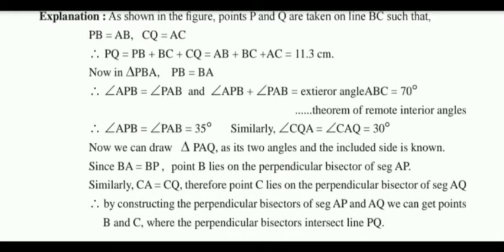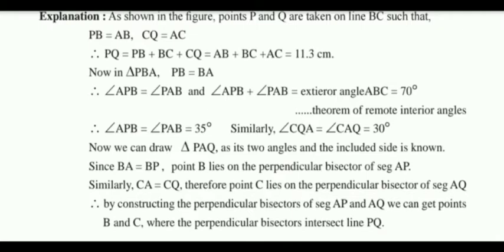Similarly angle CQA is equal to angle CAQ, which will be 30 degree. Now we can draw triangle PAQ as its two angles and the included side are known. Since BA is equal to BP, point B lies on the perpendicular bisector of segment AP.